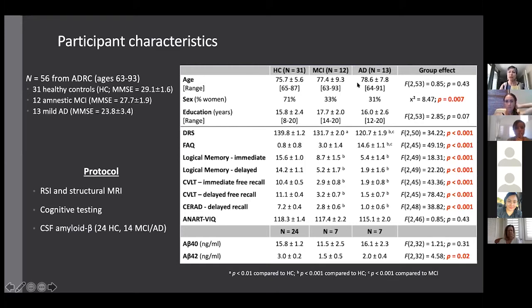Now, as you can see here, participants did not differ in terms of age, education, or IQ. However, the impaired participants had a greater proportion of men, and they performed worse than controls on a range of tests measuring dementia severity, functional ability, logical memory, and episodic verbal memory. This is to be expected.